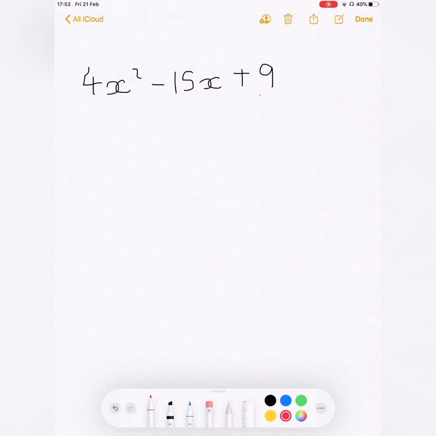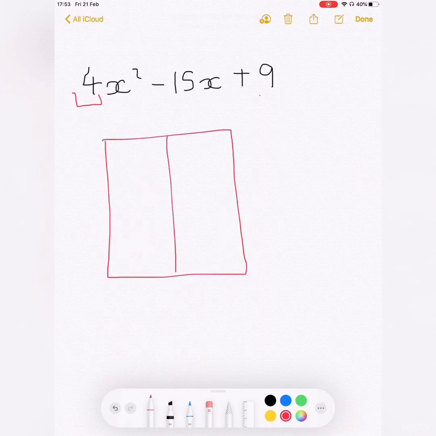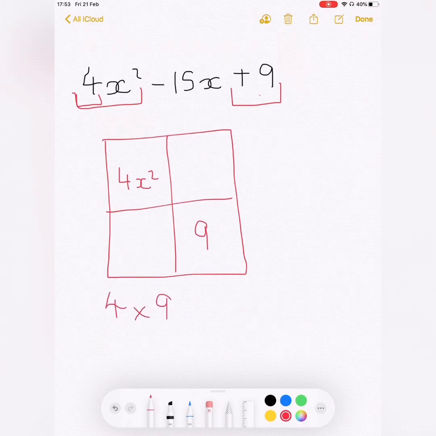So again, when we've got a non-x squared coefficient, we're going to draw our box. Our first term goes in the first box, and our last term goes in the last box. We then do 4 times 9, which gives us 36.